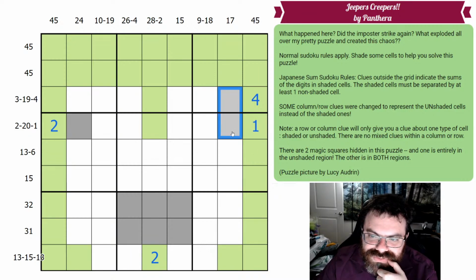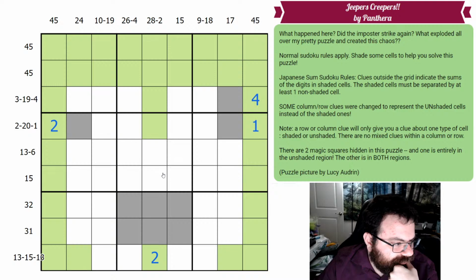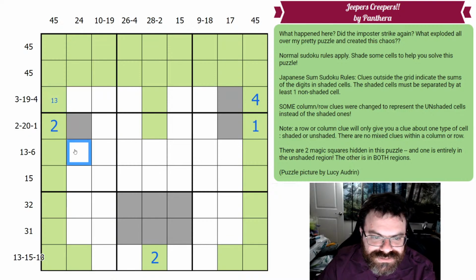17, this could be just too long. The 17, but we know this is gray. 15 is also gray. So this is a 1, 2, this is a 1 or a 3.